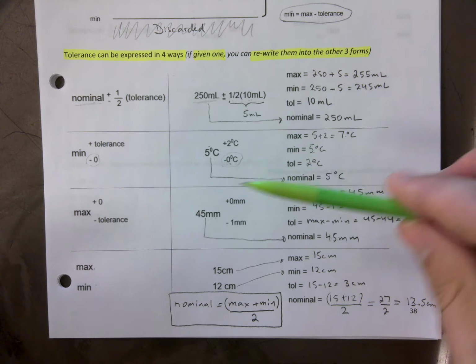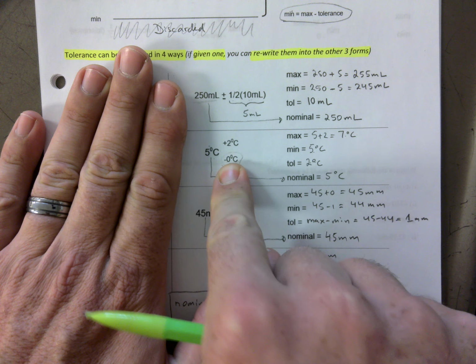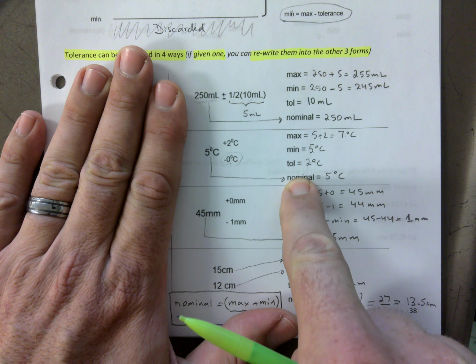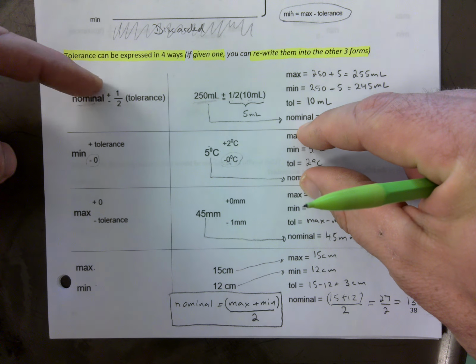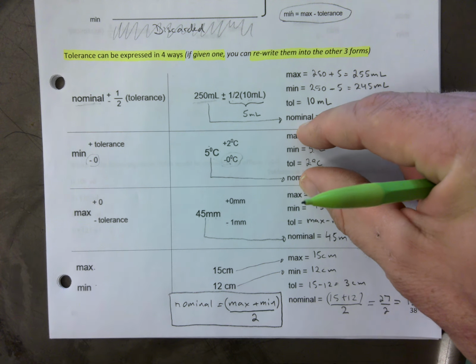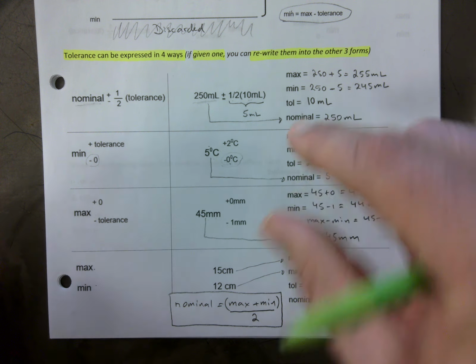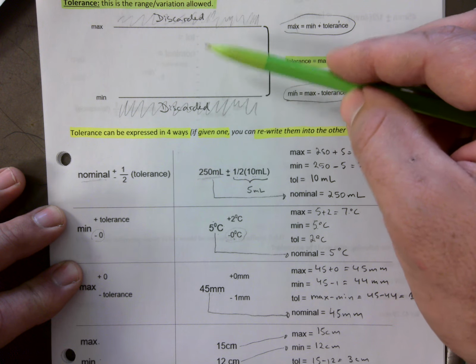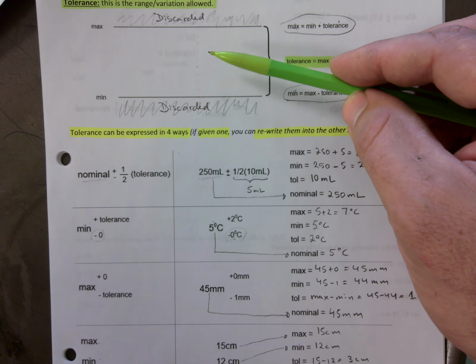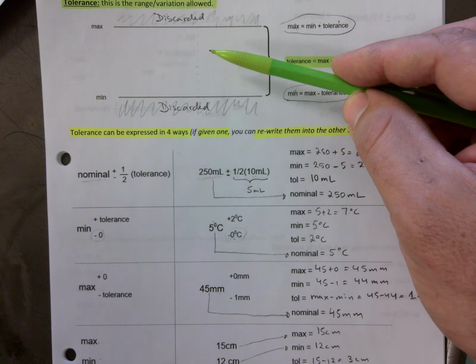So let's say I give you this one right here. You should be able to fill in this inventory, and then once you have that inventory, you can rewrite it in the other 3 formats. Okay? And remember, all of these are trying to tell us what is acceptable and what is not. That's all of them are trying to tell us that. Okay?